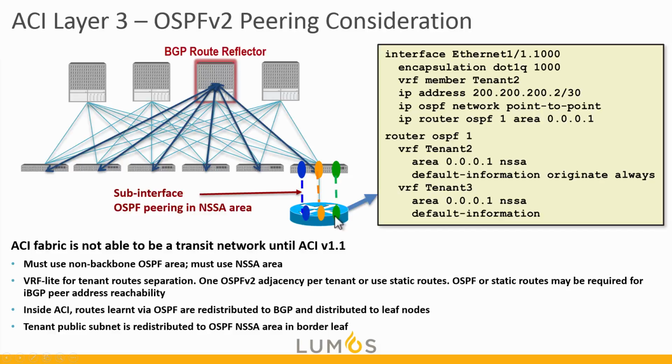Now the idea of a not so stubby area is that with a not so stubby area, we could be learning prefixes from another external router on this entire fabric, which is our NSSA, and redistributing those into OSPF, and then those would get turned from type 7 to type 5 and get sent back into the area border router and get sent back into the rest of the area 0, right?